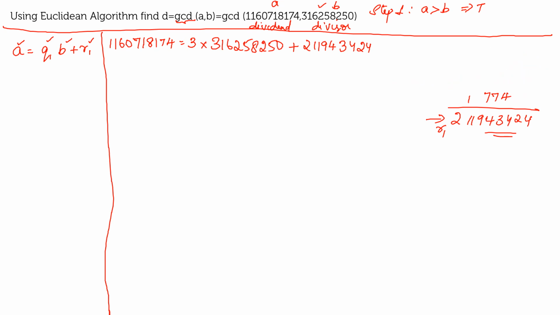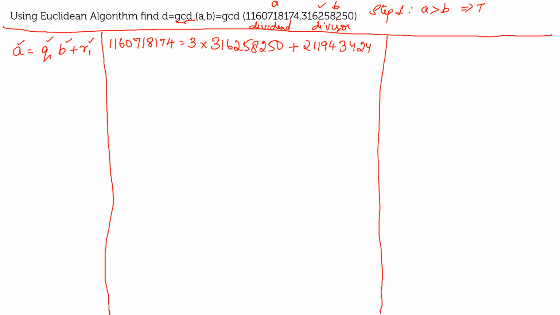Okay, so you have divided and found the value of your quotient and remainder for the first step. So let me write the third column. Now you have to find the GCD, D is equal to GCD of, in the next case, B and your remainder R1.